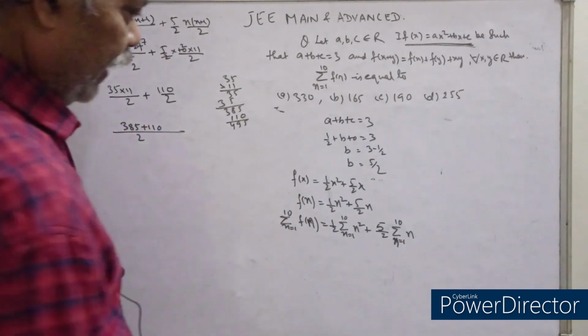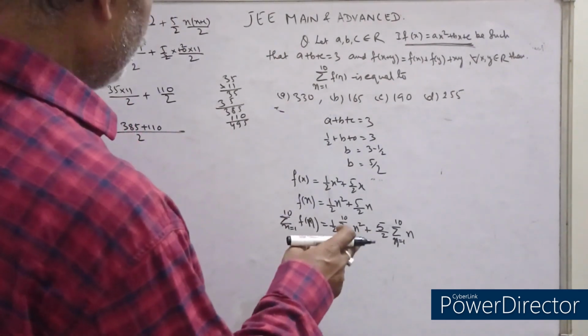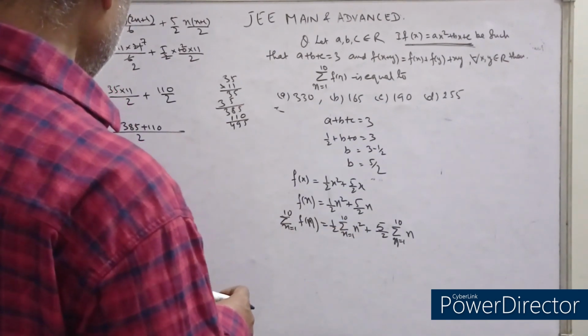So n into n plus 1 by 2 is 10 into 11 by 2.